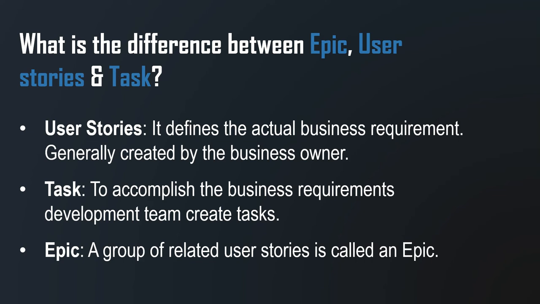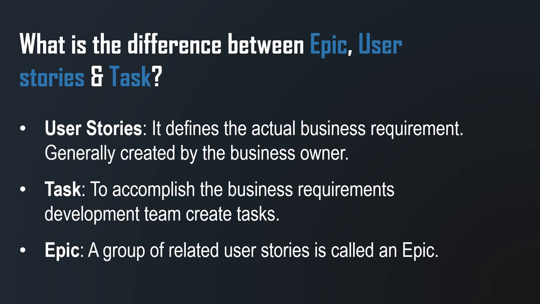Whenever you are asked such a question, always give an example. For example, an epic is an authentication system. User stories could be login, logout, forget password, etc. A task is a breakdown of the user story. You can say implement a validation for email address, right? That is a task.